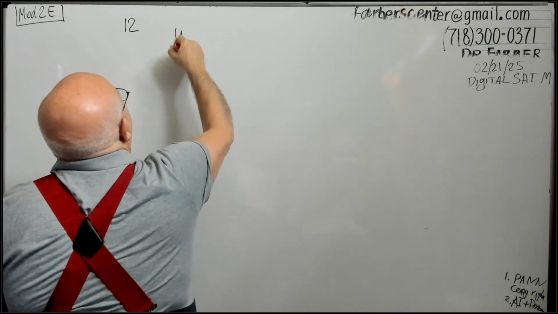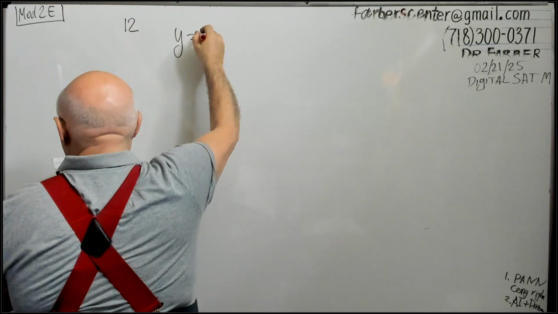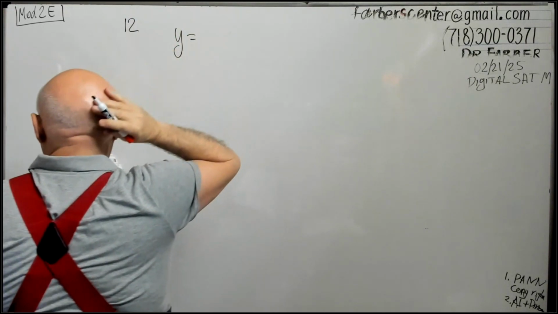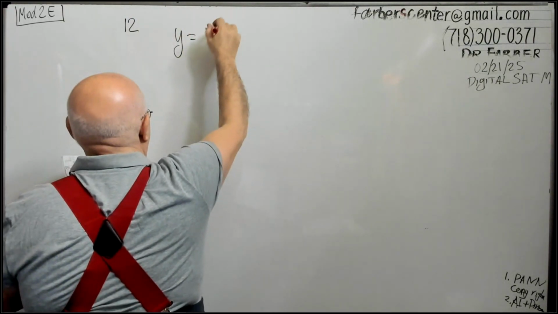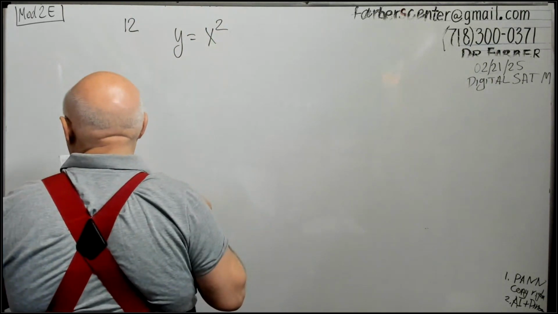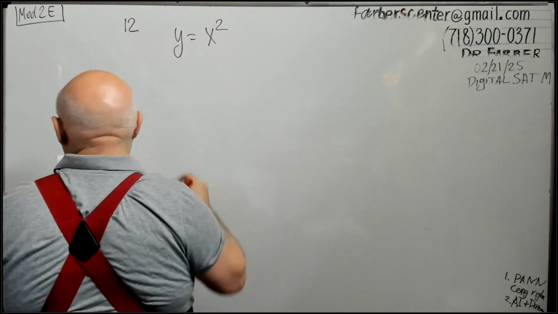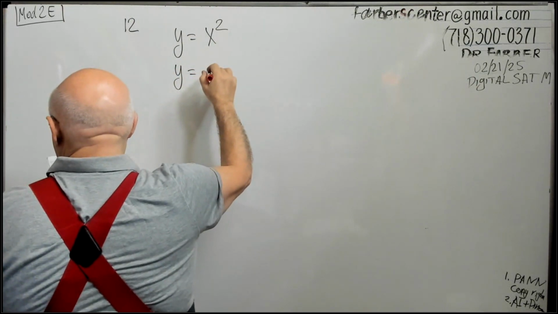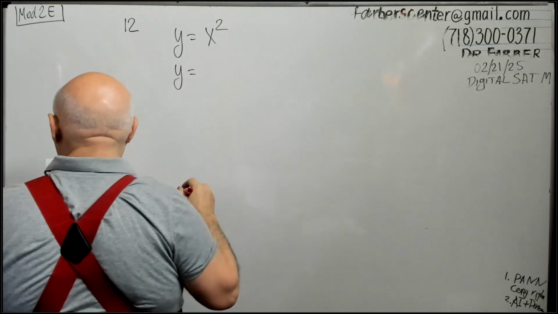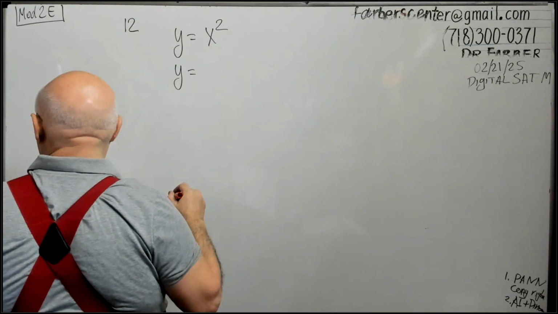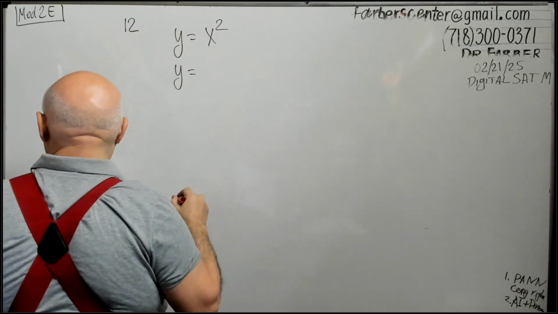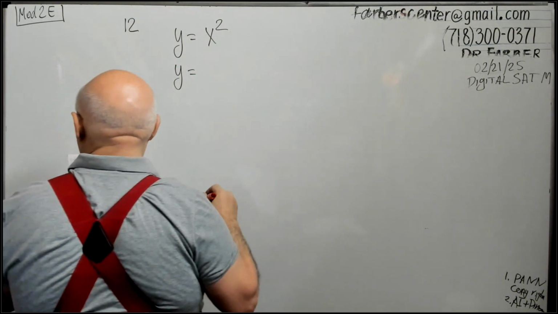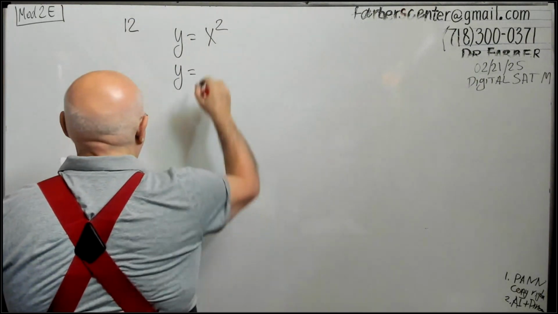We have one, y equals x to the power 2. And the second is y equals x to the power of, I believe, 2001, right? This is 2001 or 2003? 2001 probably, or 2003.